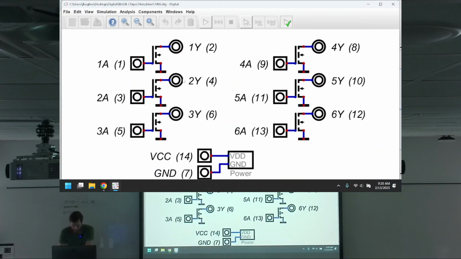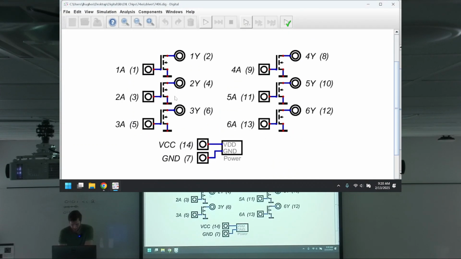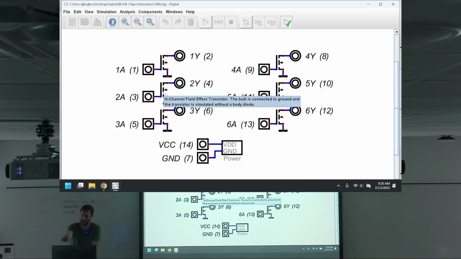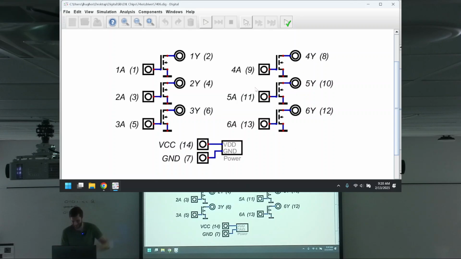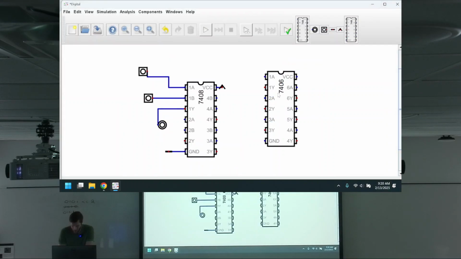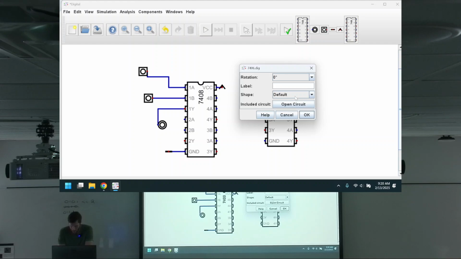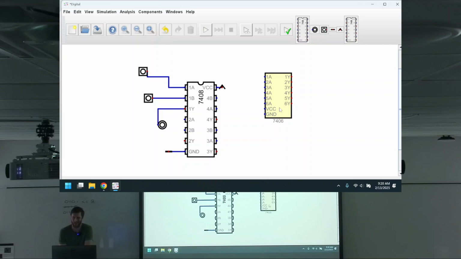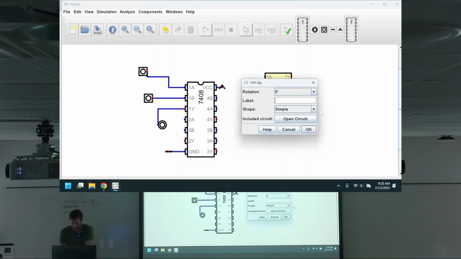Sometimes in Digital, oh, look at that, the driver. Hey, you know how we were trying to figure out how to do drivers with transistors? Look, that's what they're doing. You can change the shape to a simple view, so it just kind of looks like that. But at the end of the day, they're the 7400 series. And that's that.